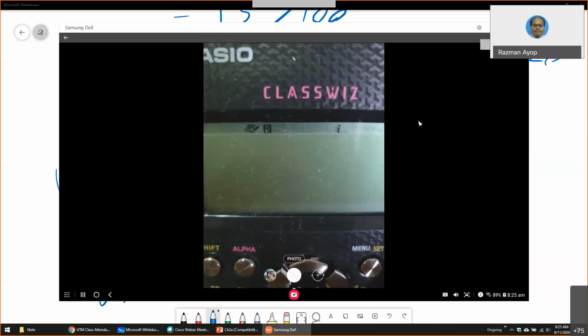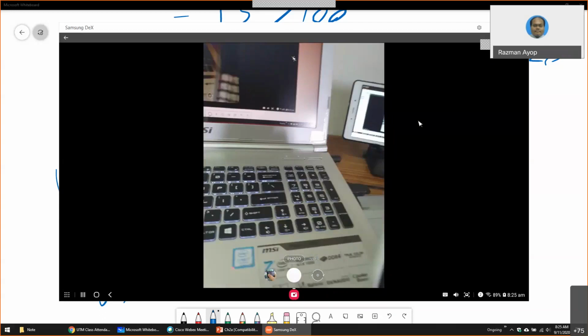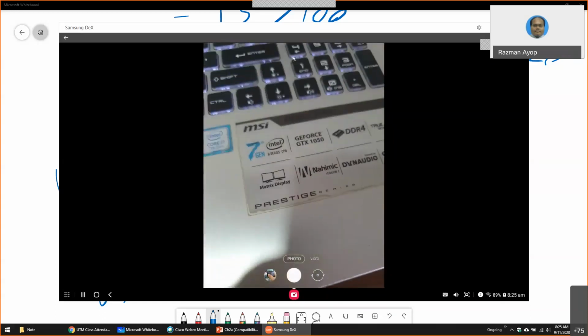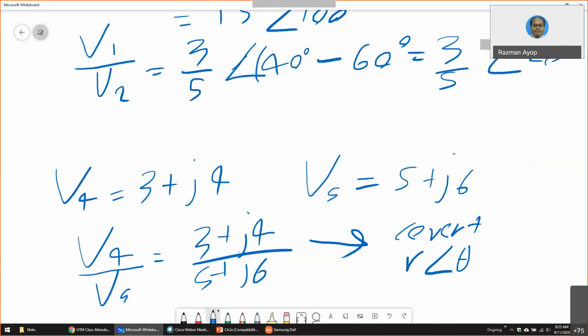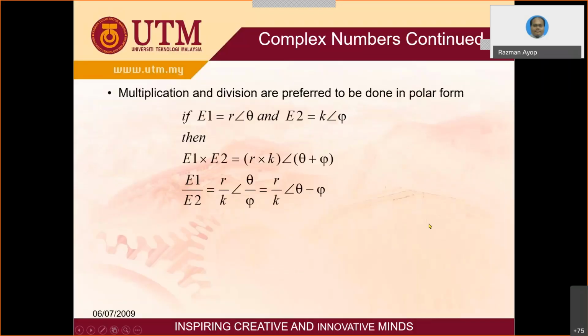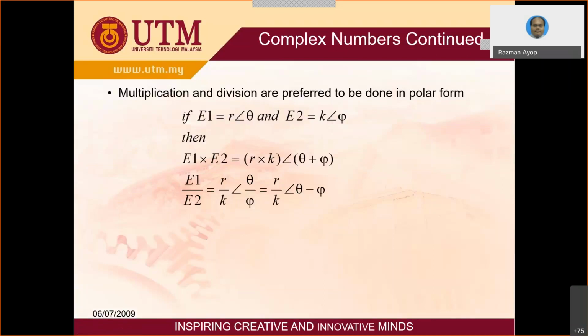For this case, don't forget the decimal mode, shown as D here. Make sure it is in decimal form. So you have completed multiplication and division.